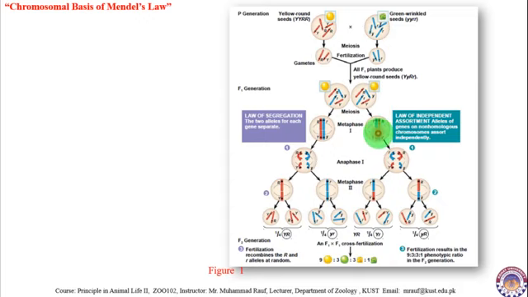So this explains that the segregation is independent, means the dominant allele of one trait is not always part of the dominant allele of another trait. This segregation can be independent.